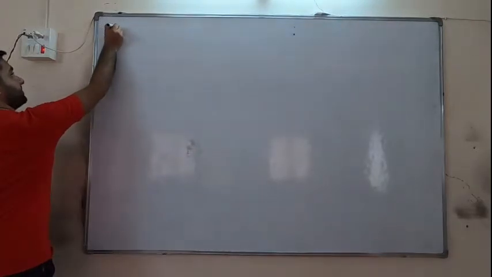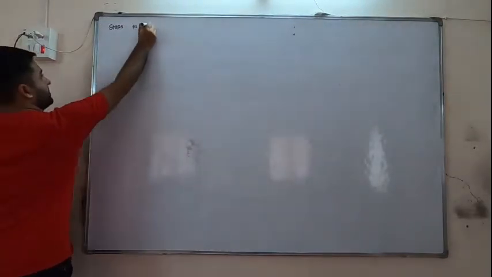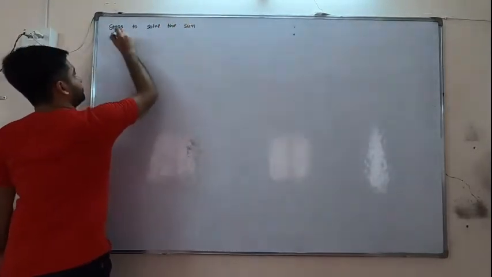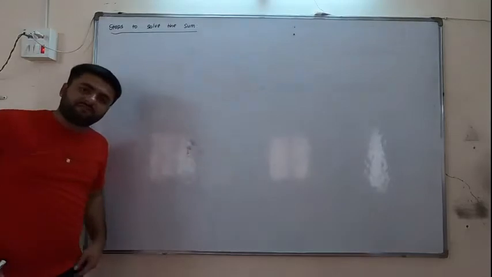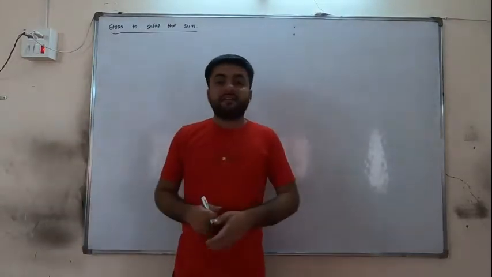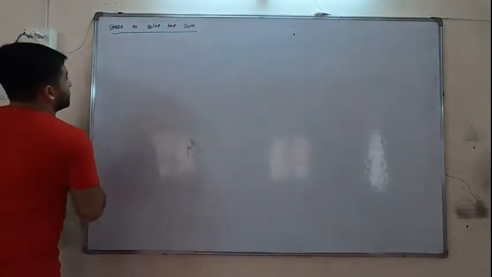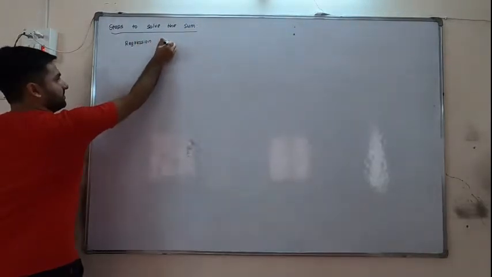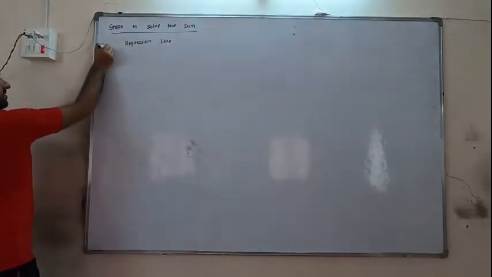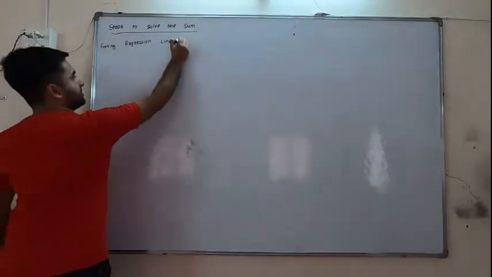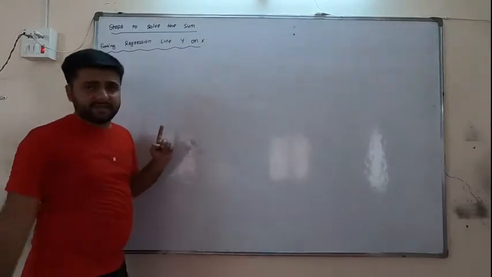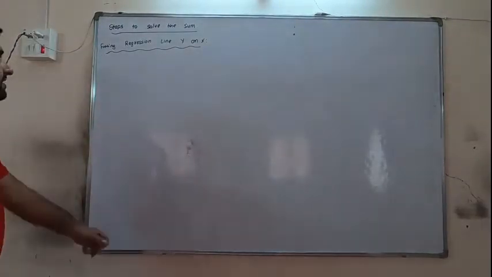So we will give the heading 'Steps to solve the sum'. We have only one method, least squares. In that, what are the steps to solve the sum? So we should give the heading 'Fitting regression line y on x'. Whenever you are starting the sum, give the heading 'Fitting regression line y on x'.